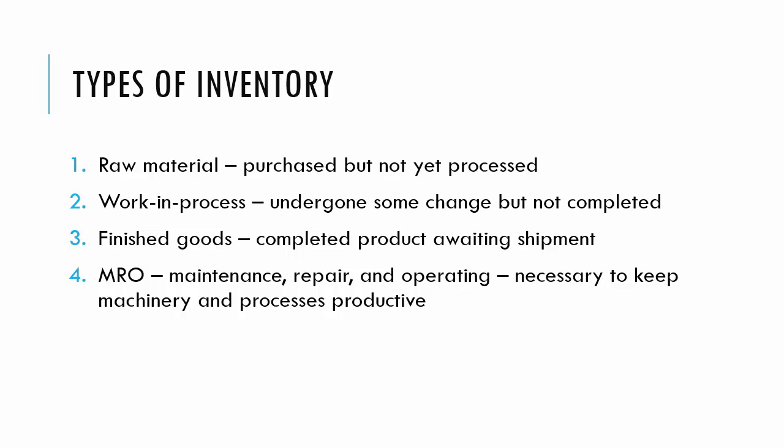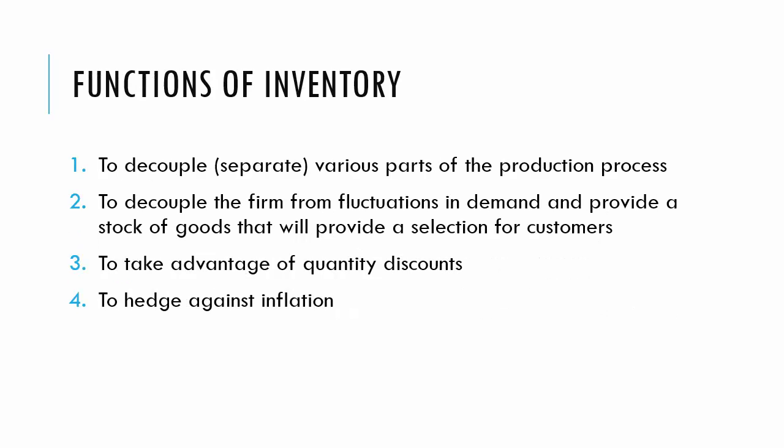Maybe we've cut it, we've put it together, but we haven't painted it or packaged it yet. Then we have finished goods, which is the completed product awaiting shipment. And finally, MRO, the often overlooked category of inventory. This is the necessary stuff to keep machinery and processes productive: oil, lubricants, light bulbs, things like that.